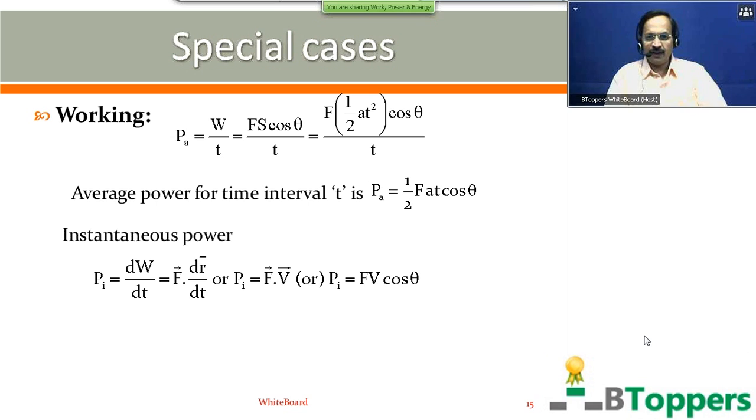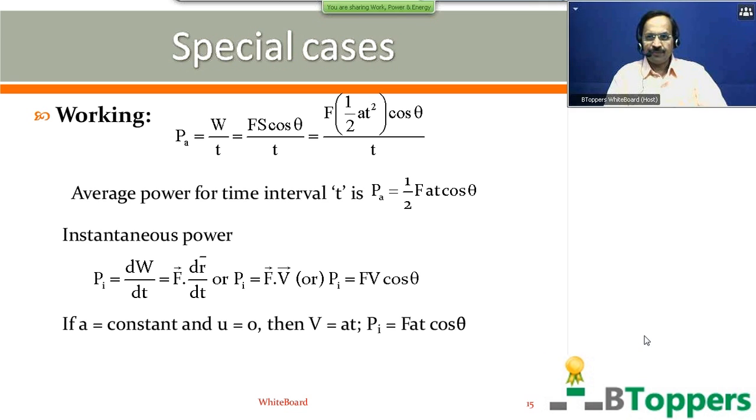Dr bar by dt gives you the instantaneous velocity v bar. So P_i equals F bar dot v bar, or P_i equals Fv cos theta, where theta is the angle between F bar and v bar.